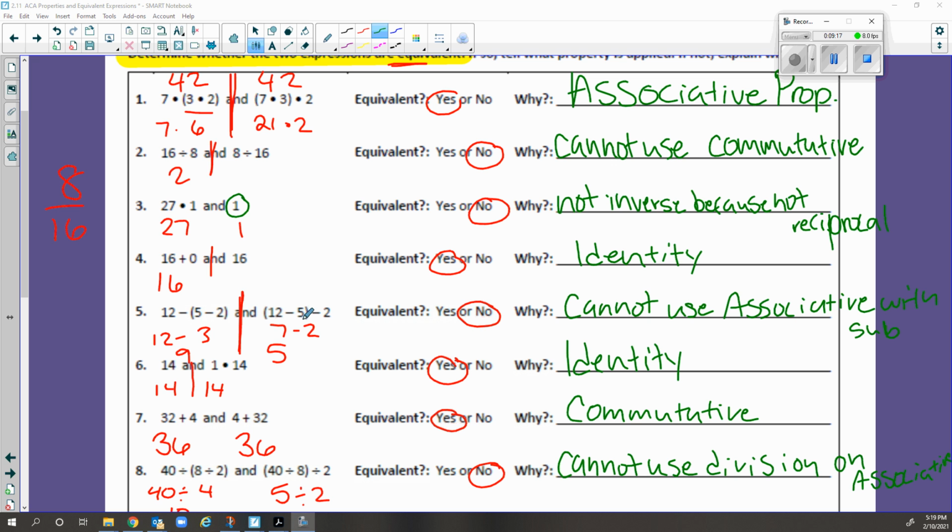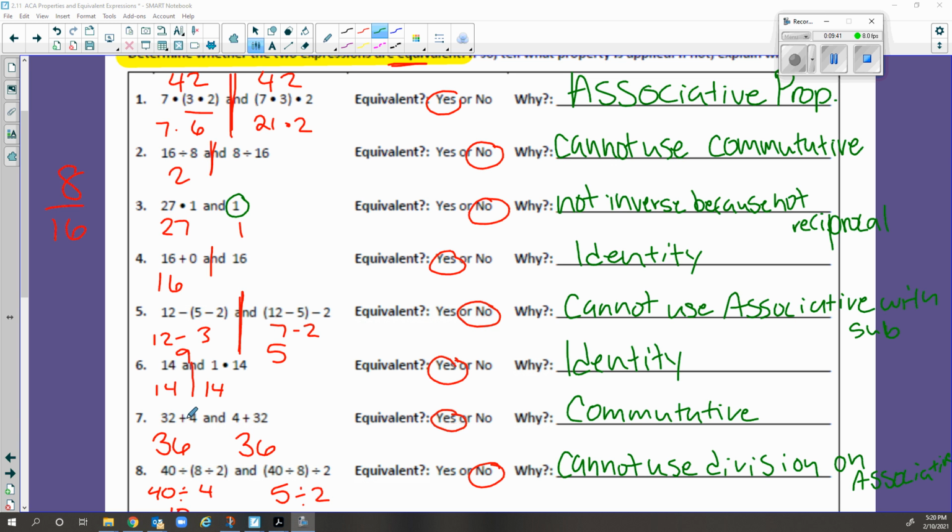Number 5, I do not think they're equivalent because we cannot use the associative property with subtraction. Number 6, is it equivalent? Yes, I think it is, because 14 and 14 times 1 are the same thing, and that's the identity property again.